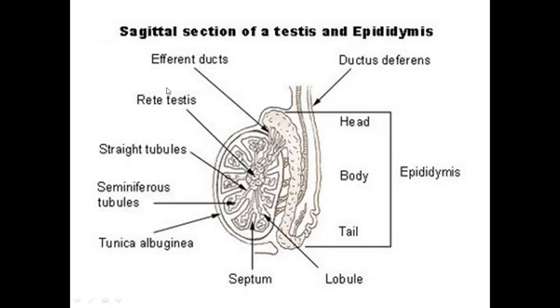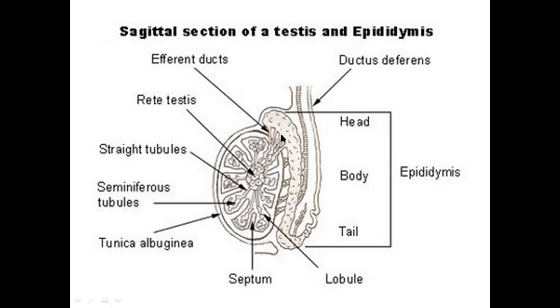These channels are termed the rete testis, and from the rete testis about 10 to 20 ducts come out through the mediastinum. Those ducts are termed efferent ductules or efferent ducts. Then these ducts open into the head of the epididymis.